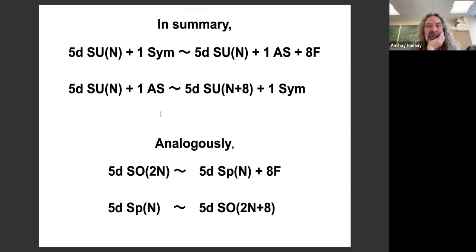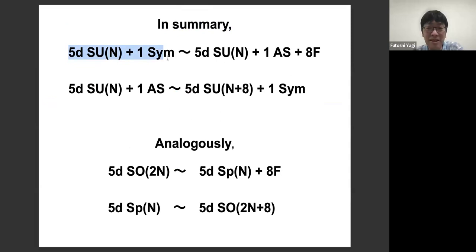So in summary, I would like to show some kind of equivalence. Again, I would like to emphasize that it's not duality, but this equivalence is up to tuning some quantity by hand.